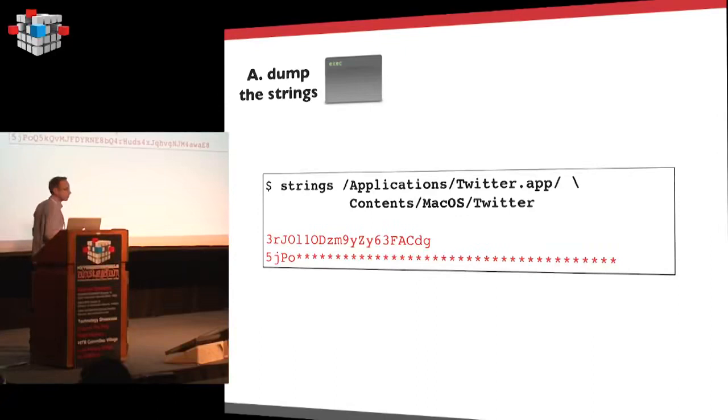So the first technique is maybe the most obvious one. So you all know the strings command. It's a Unix command that dumps the strings, the printable characters, in a binary file. So it turns out that you can simply dump the consumer key and consumer secret from the Twitter official client for macOS 10. So it's not even hacking, it's just reading in the binary, right?